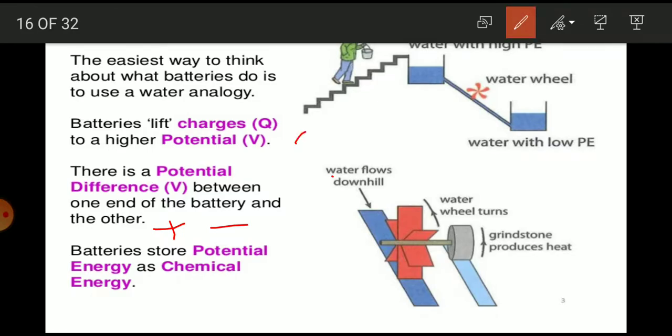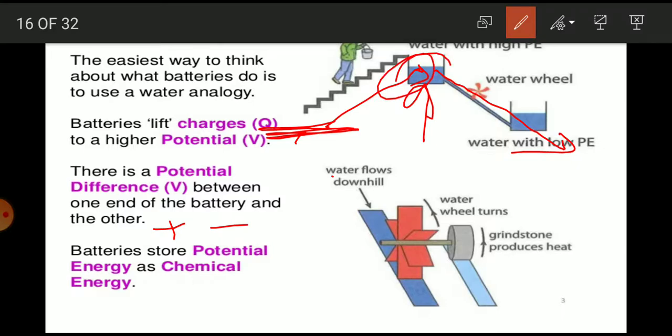If the water flows back in this direction, it will flow without your energy, because the energy is stored in the water as gravitational potential energy. So chemical energy is stored in the cell or battery, which makes the positive or negative charges flow.